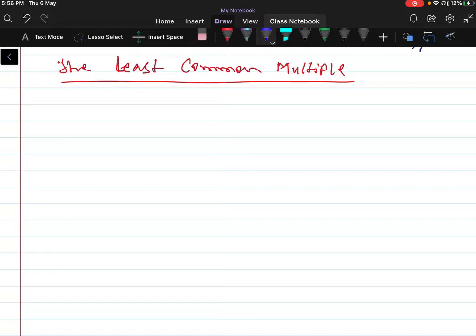So now we'll take a definition, least common multiple, that is LCM.